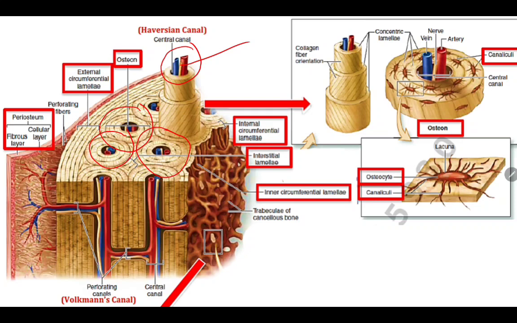Okay, so isa-isahin natin siya para at least mas maintindihan niyo. Okay, these are your lacuna which contains an osteocyte. Okay, so I hope klaro siya, and then yung mga area, yung mga striations na yan, those are our canaliculi.